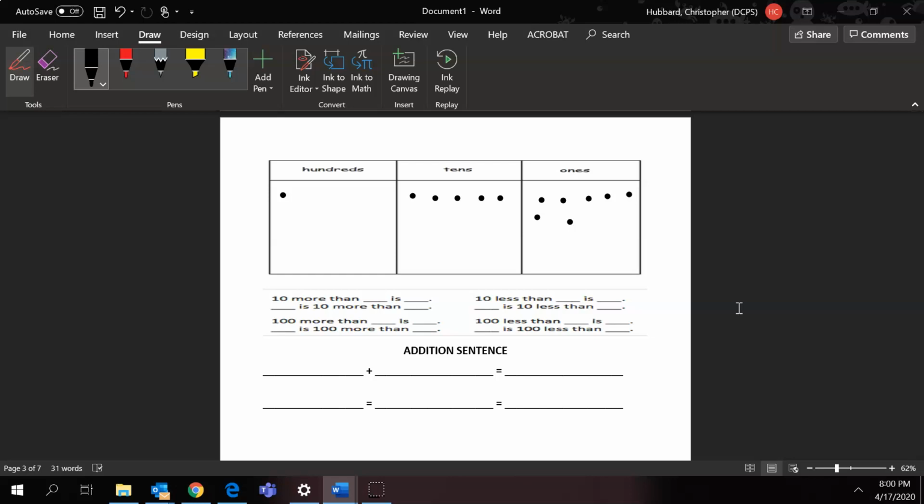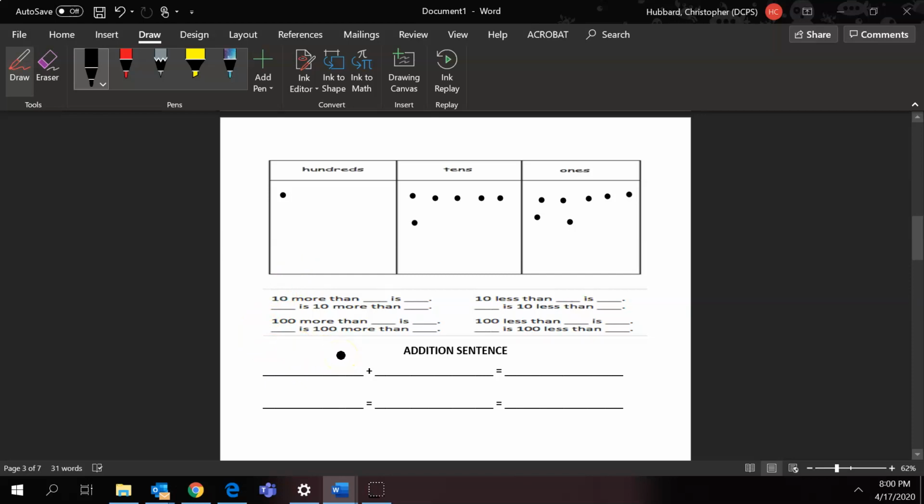Great, so we would add another 10 to the tens chart. So what did we have to do to turn 157 to 167? Great, we had to add 10 more. So the difference between 157 and 167 is 10. I want you guys to take a second to figure out what sentence frame could we use to explain the difference between 157 and 167.